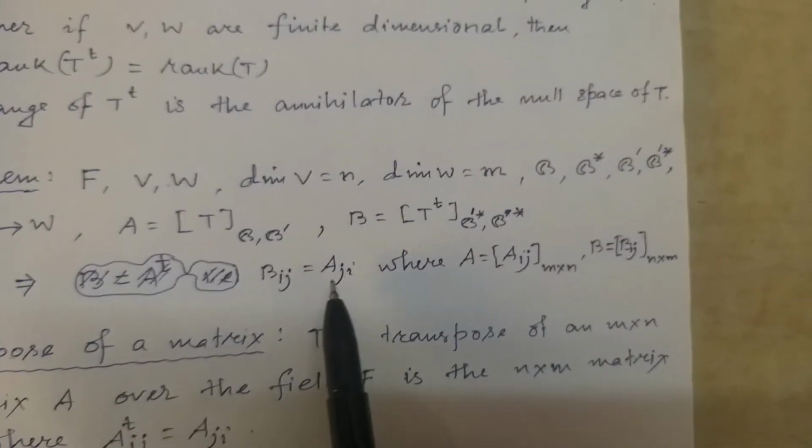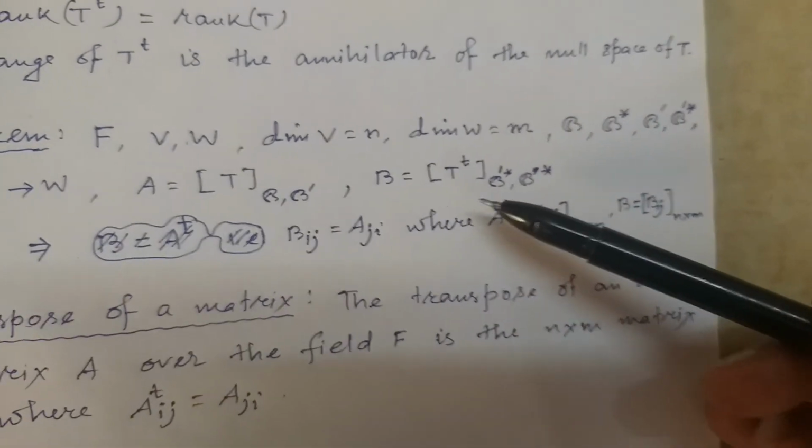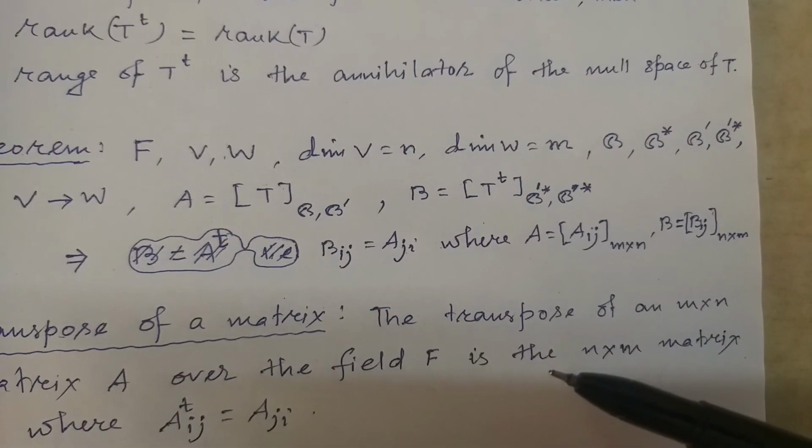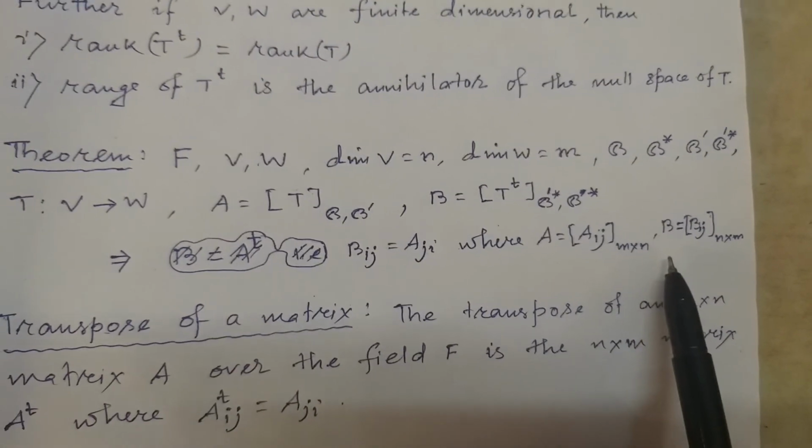This is actually the transpose concept, as you know from the previous class. From this definition the transpose of a matrix is defined. In this way the matrix obtained is called the transpose.